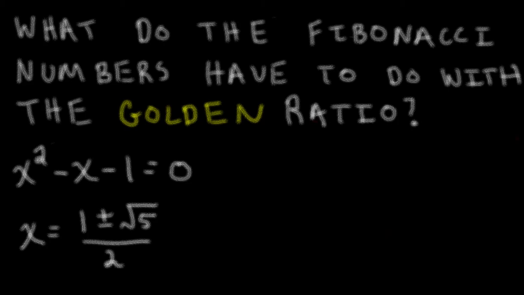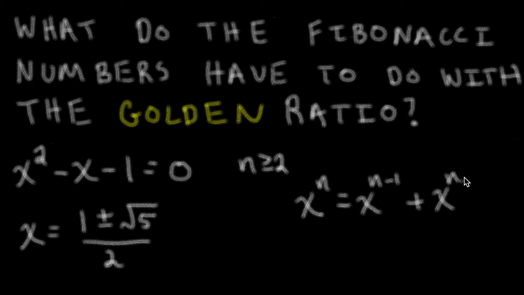Now the cool thing is that for n greater than or equal to 2, if I take either one of these solutions to this quadratic equation, it's also going to be a solution to the equation x to the n equals x to the n minus 1 plus x to the n minus 2.